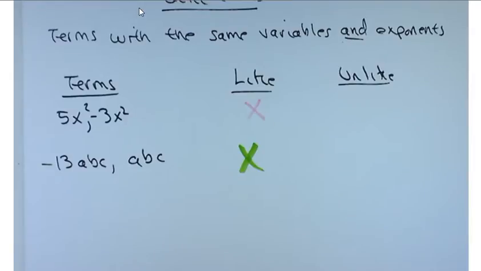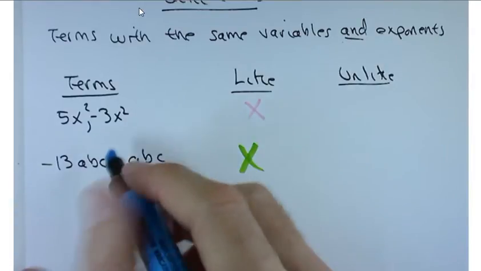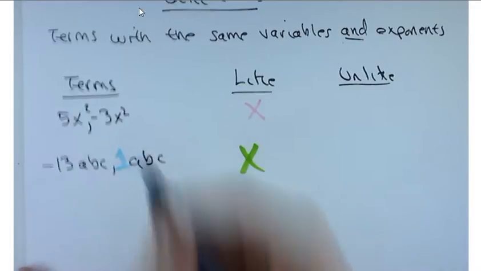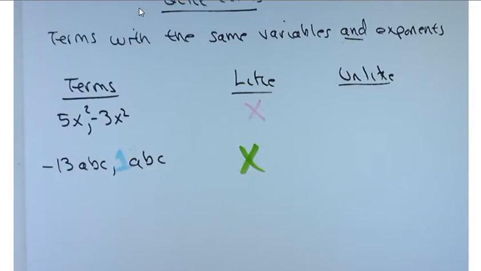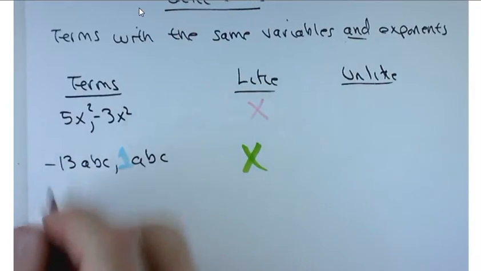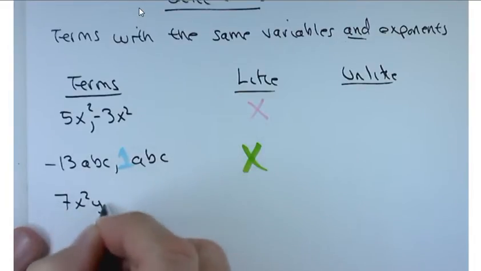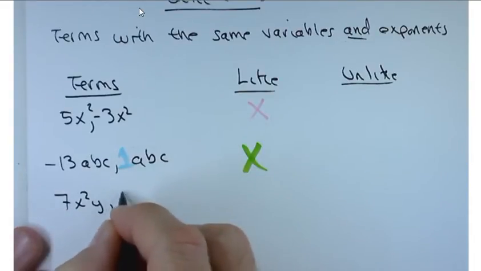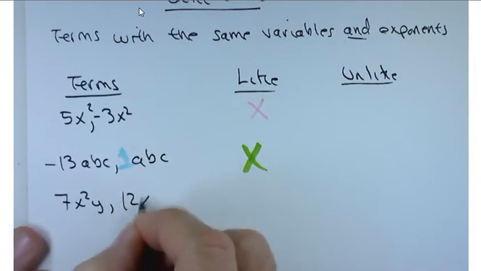Now, what I tried to trick you with a little bit is this. It's not written, but it's understood that there's a 1 out there. That's okay. The coefficients, the number parts, don't really matter. How about 7x squared y and 12xy squared?